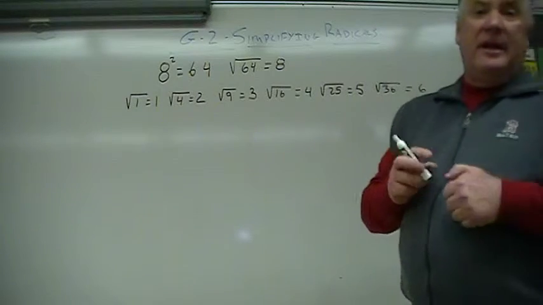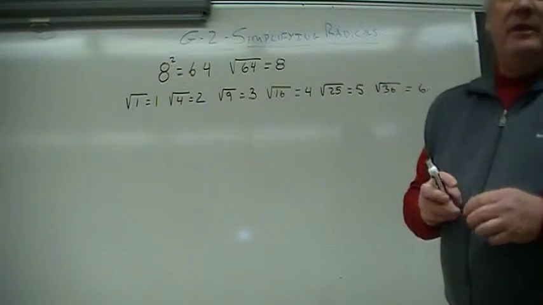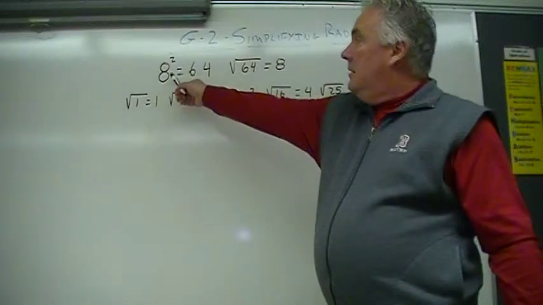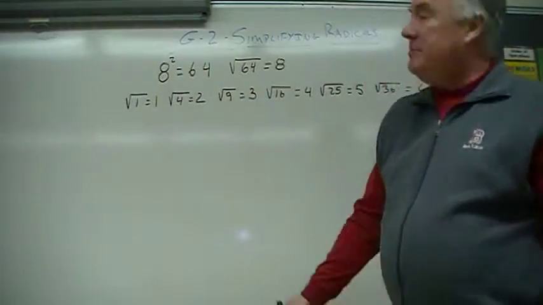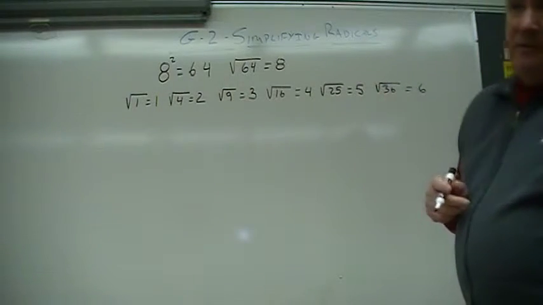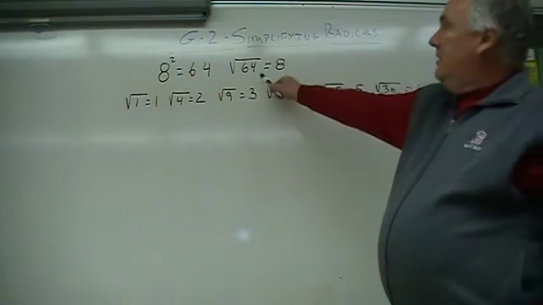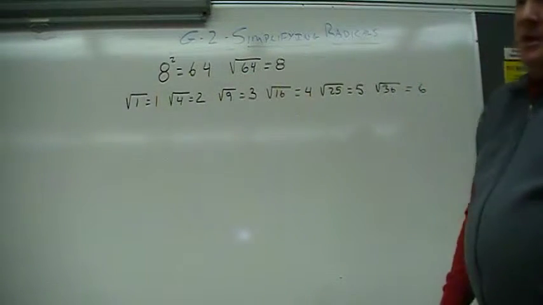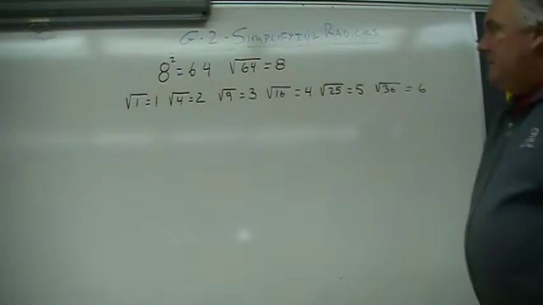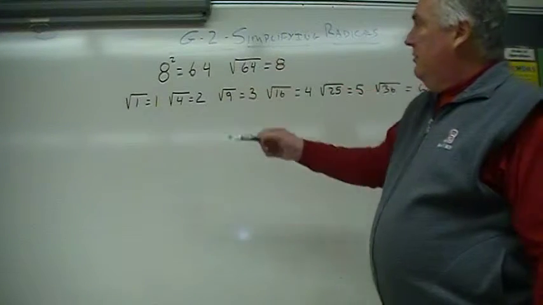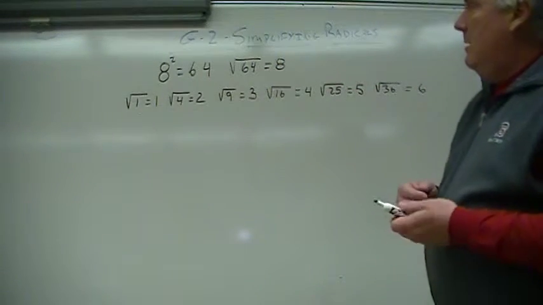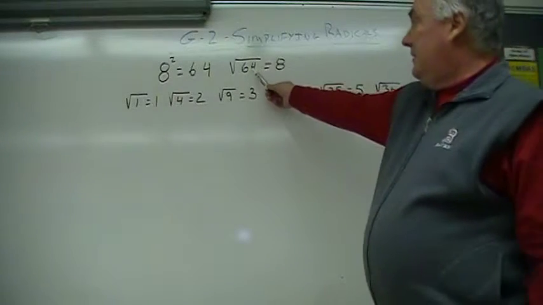So what I want you to take down for notes, and you have areas like this on your notes paper, is we know 8 squared with our exponents will give us 64. We know that. We also know that the square root of 64 is 8. So it's kind of a reverse thought process there. The square root of 64: what number times itself will give us that number of 64?